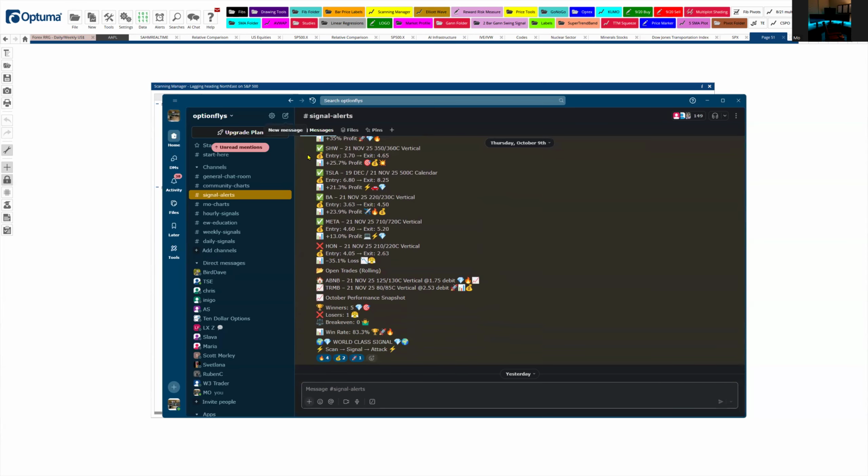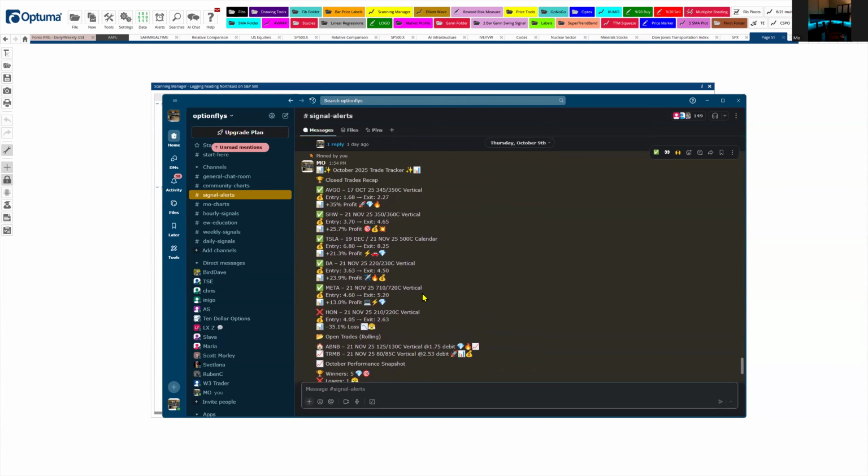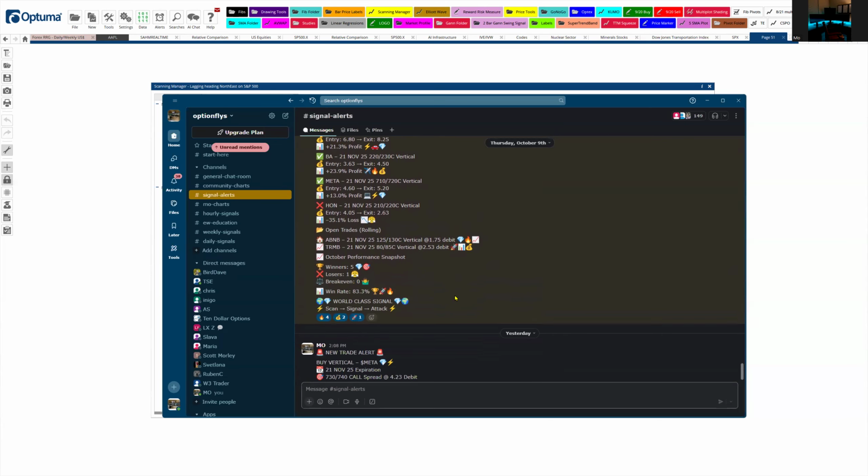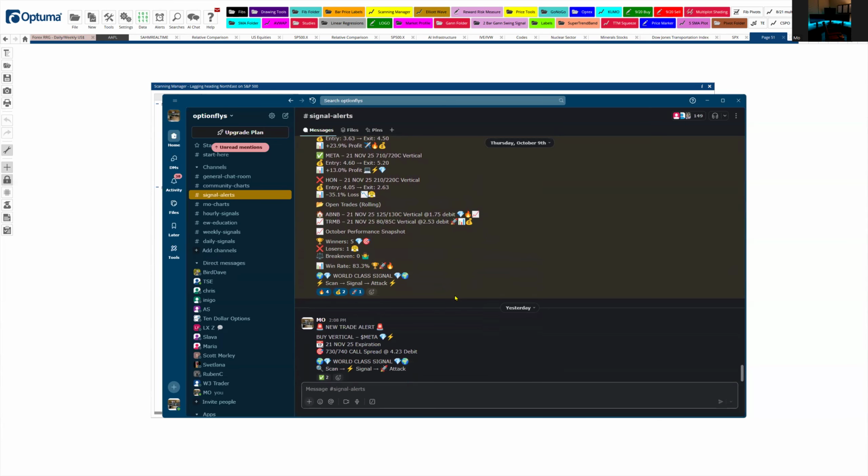I just copy paste the whole thing and post it right there. So it's a trading journal, everything is being tracked. You know those cheap Excel sheets? You can convert this into an Excel if you want. It will do it for you.